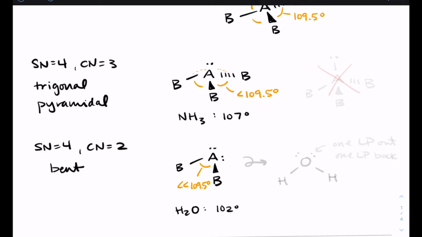Now, this also seems like it's drawn in a weird way, right? We don't normally draw water with this weird perspective. So I've got to rotate this, right? We normally draw water just kind of flat on the page. When you do this now, if you're showing a VSEPR geometry, you make sure that that bond angle is around 102 to 109.5. I'm fine with you approximating based on the electron geometry.